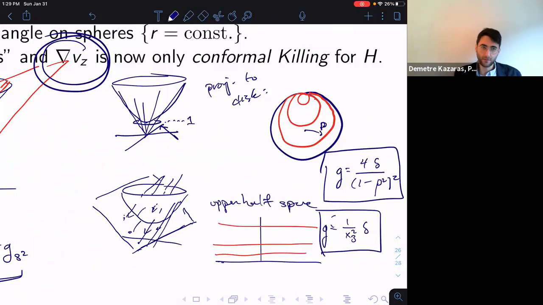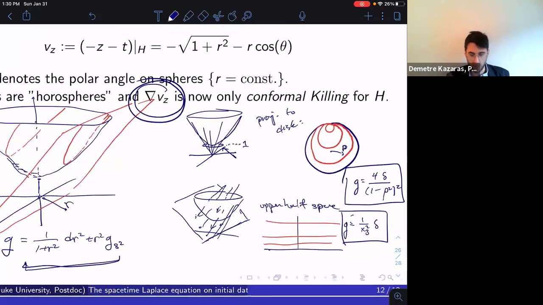But it is conformally Killing. So it does not generate an isometry of hyperbolic space, but it generates a map which, after you apply this map to the metric, is not the metric, but it is conformal to the metric. The metric being the hyperbolic metric.